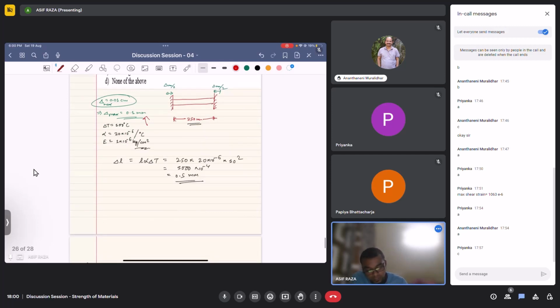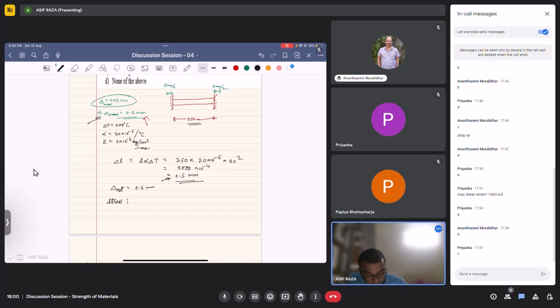So the stress amount would be equal to, so net extension is only this, 0.1 mm, but the body tries to develop 0.5 mm, so 0.4 mm of extension was not allowed.